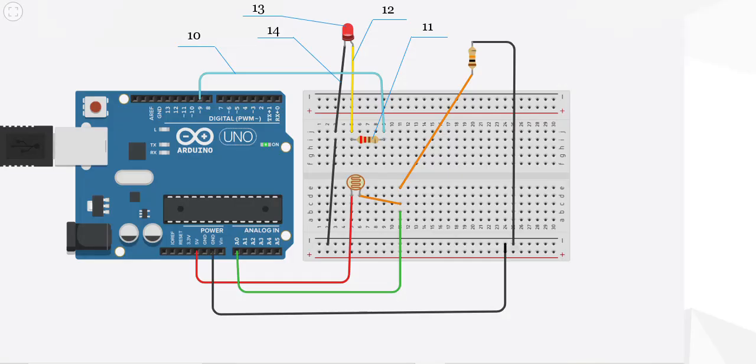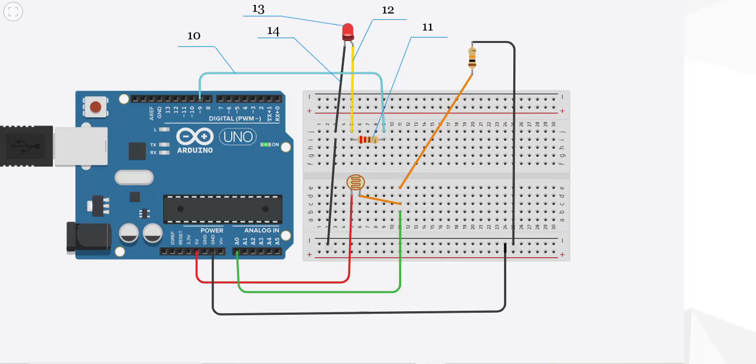In the previous exercise I will modify the circuit, adding one diode and an appropriate resistor. The resistor is number 11 and the diode is number 12. That will be the wiring diagram.